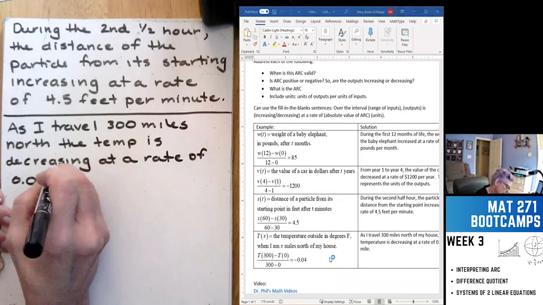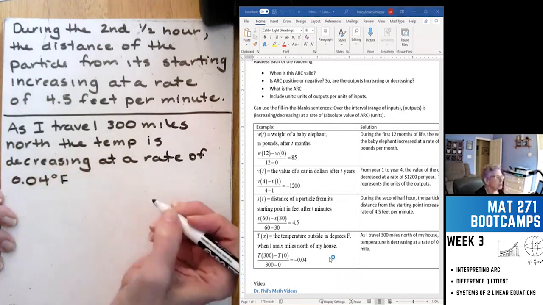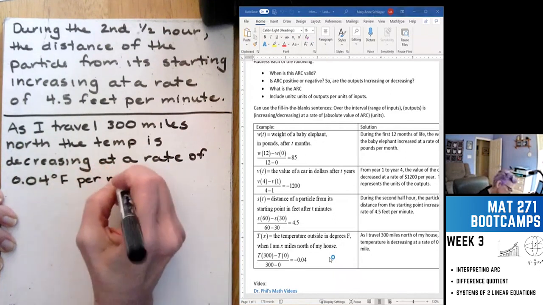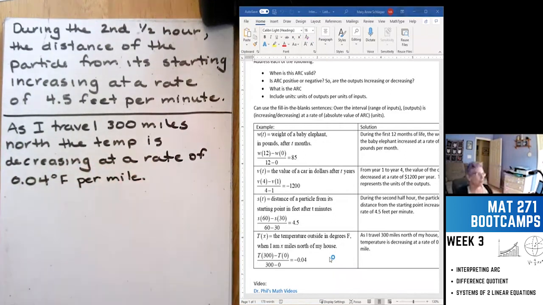And this time for units, I'll just put degrees Fahrenheit per mile.